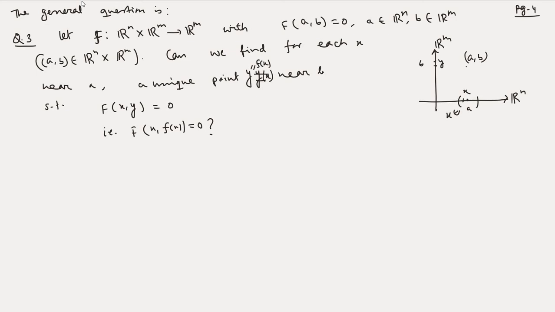Okay, so the answer of these questions is the implicit function theorem. So note that the implicit function theorem gives only the existence of such a function, little f of x.